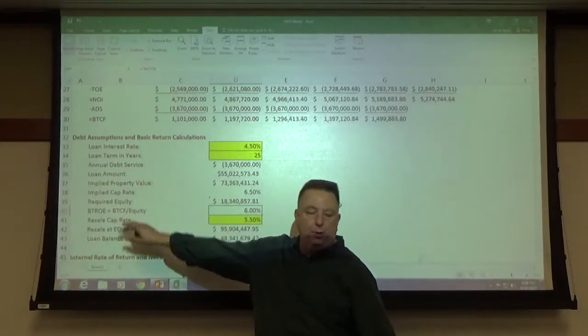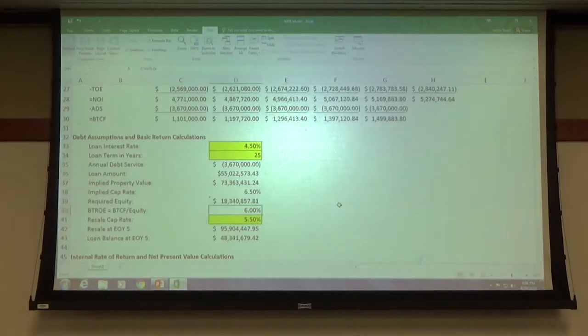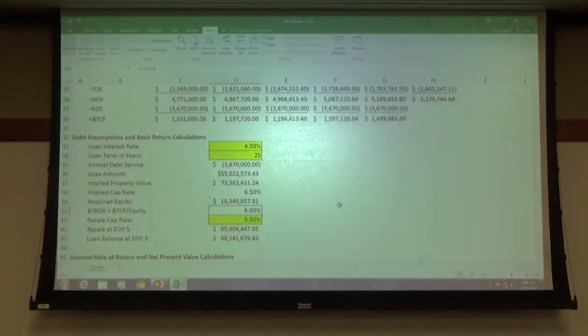It's your before tax cash flow divided by your equity. This is also referred to in a lot of textbooks, and different people sometimes call things different things, as your cash on cash return.